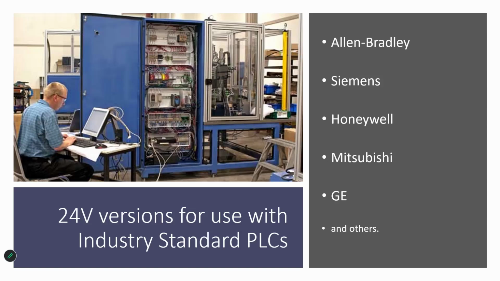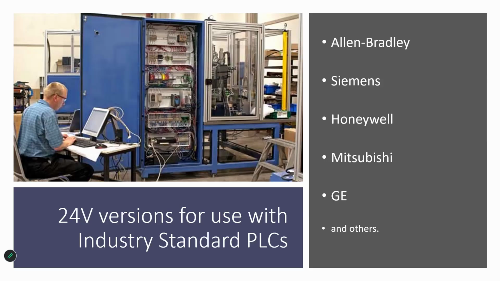Now, while the APS model that we're going to be focusing on today already includes all of the PLCs and pretty much everything you're going to need to work with it within the scope of delivery, many of the other Fischer-Technic models in the main line, which focus on just a conveyor or what have you, will allow you to use the PLC of your choice. So it really doesn't matter what type of PLC you prefer.